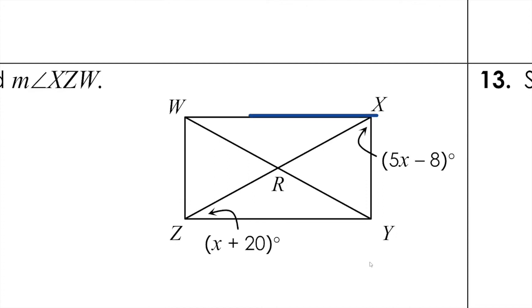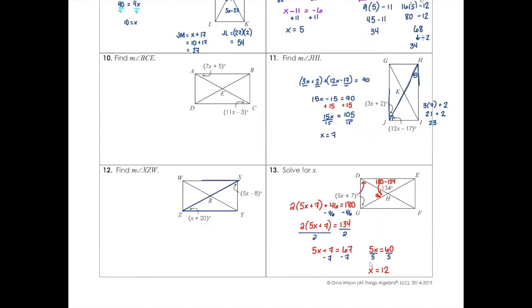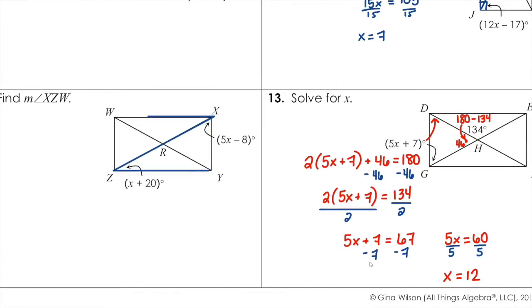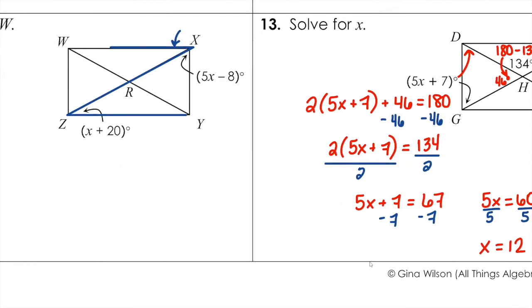If I were to do alternate interior angles here, what would the measure of WXZ be?